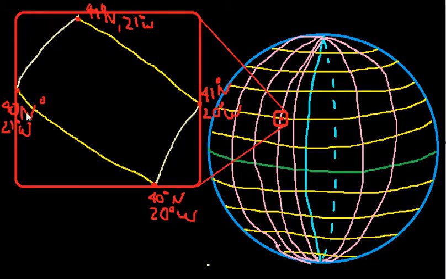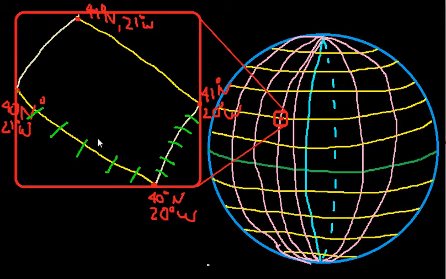Because drawing 60 lines here is going to make this picture too messy, I'm just going to draw 6. So we're going to say that this is about 10 minutes, this is 20 minutes, this is 30 minutes, this is 40 minutes, this is 50 minutes, and then 60 minutes equals the next degree. Similarly here, this is going to be 10 minutes, 20 minutes, 30 minutes, 40 minutes, 50 minutes, and then 60 minutes.